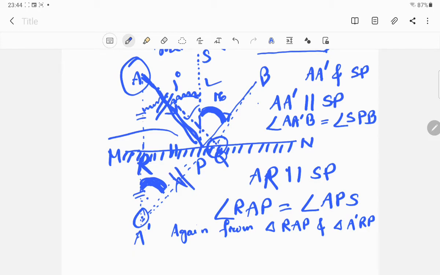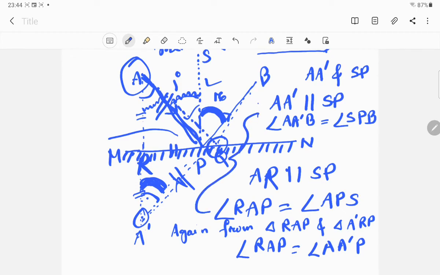If these two sides are equal, these two angles are also equal. So what we can write is angle RAP is equal to angle A dash P. Okay, so look at this thing, two things. So we have RAP is equal to A dash P.